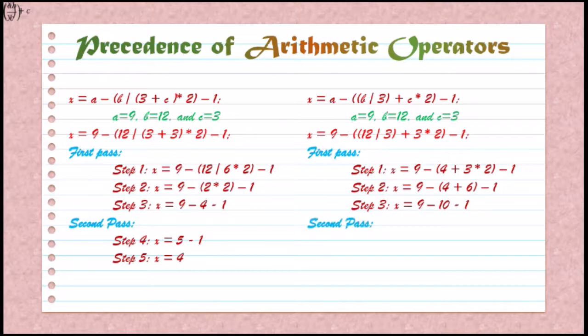So in the second pass, first solve 9 minus 10. So in step 4, the equation will be minus 1 minus 1. So solve this minus 1 minus 1. So in step 5, the answer is minus 2.